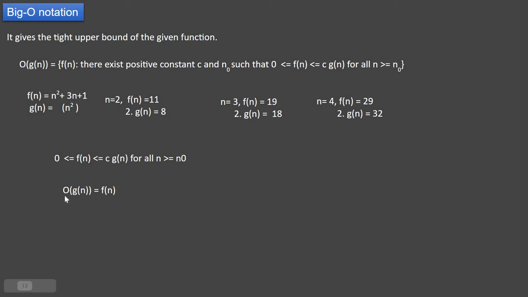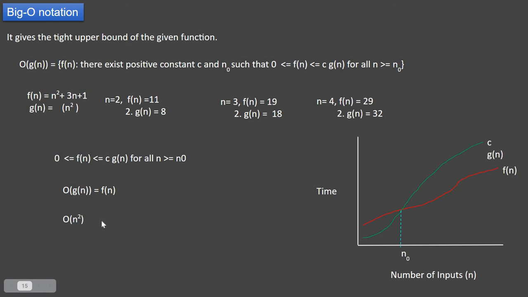So if we write in this form, O of gn is equal to fn, and gn is equal to n square, right? And if I see this in the form of a curve, as I said, this is the asymptotic curve, so there's an n naught value, which is 3.